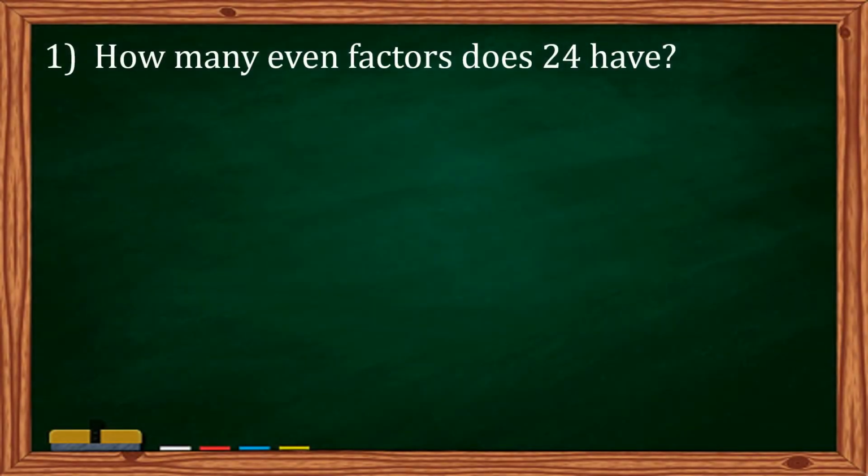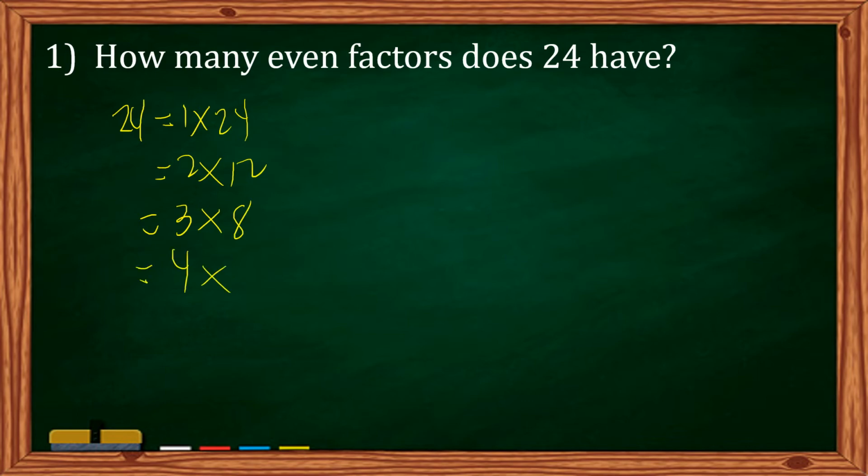Okay, so simula tayo dito sa first problem natin. How many even factors does 24 have? So, ang gagawin natin is to find the factors of 24. We know that 24 is equal to 1 times 24. Also, 2 times 12, 3 times 8.